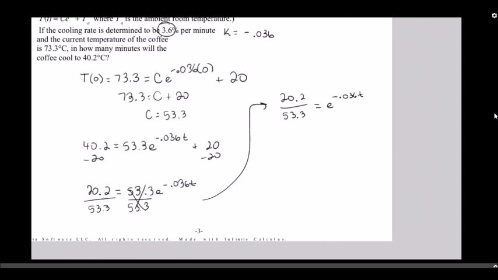Now if you take a natural log on both sides, and then divide by negative 0.036.